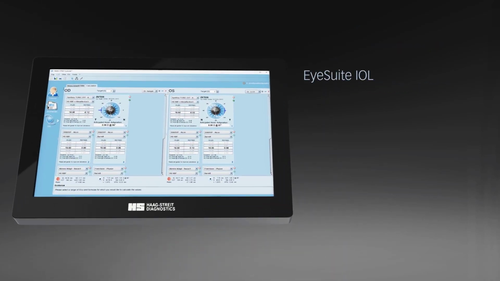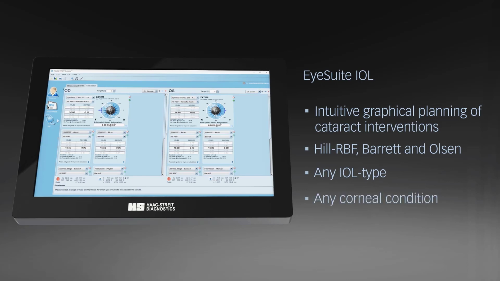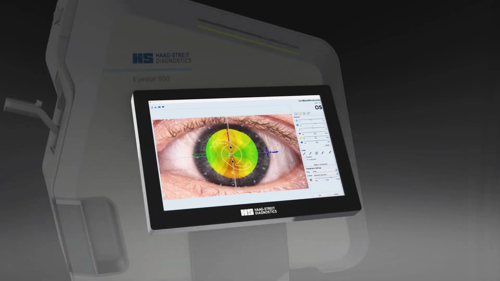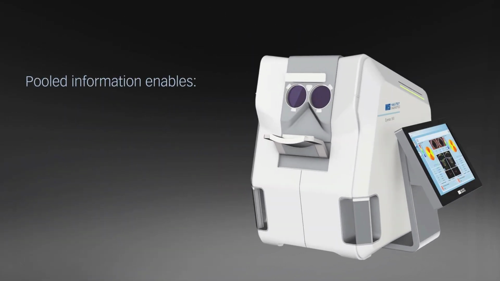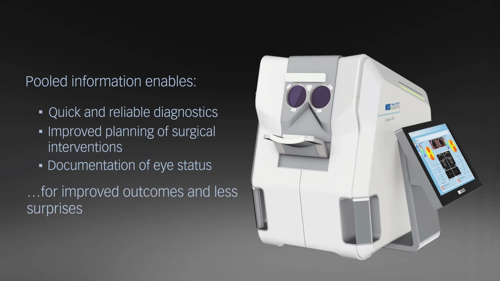iSuite IOL is an excellent graphical planning platform for cataract interventions that features a set of state-of-the-art IOL calculation methods like Hill RBF, Barrett and Olson for any IOL type or corneal condition. These features result in more accurate predictions, fewer surprises, and excellent outcomes. The pooled information with biometry, topography, and tomography enables the eye care specialist to diagnose diseases quickly and reliably, improve planning of surgical interventions, and document eye status for improved outcomes and less surprises.